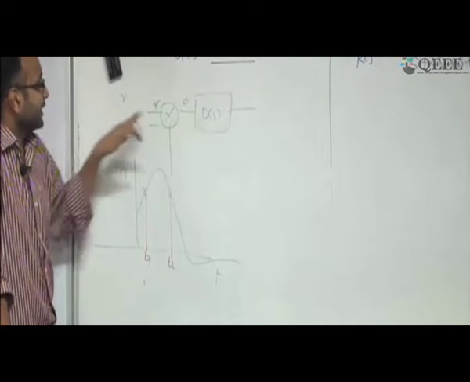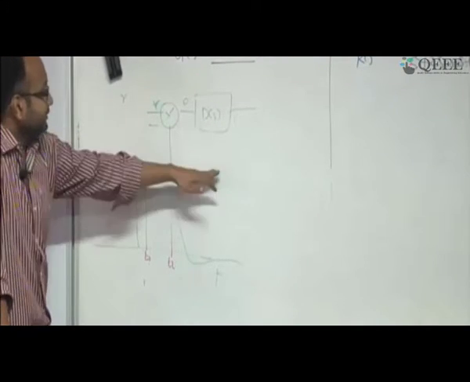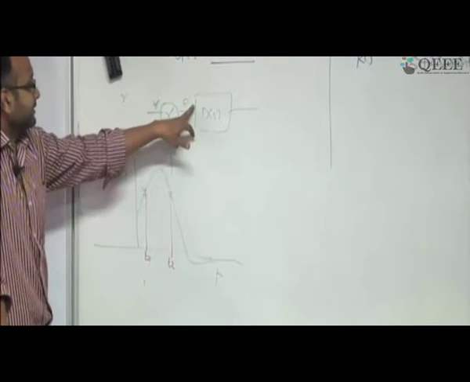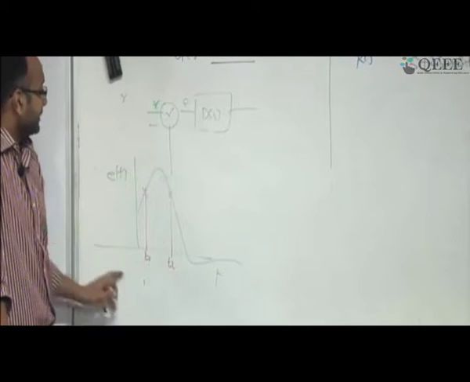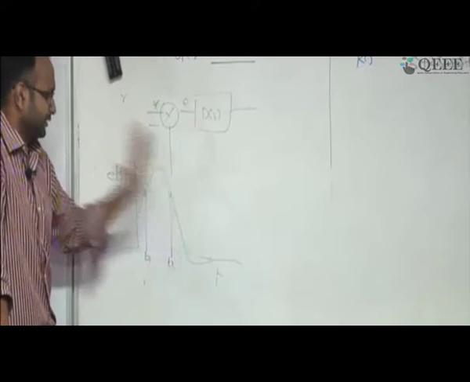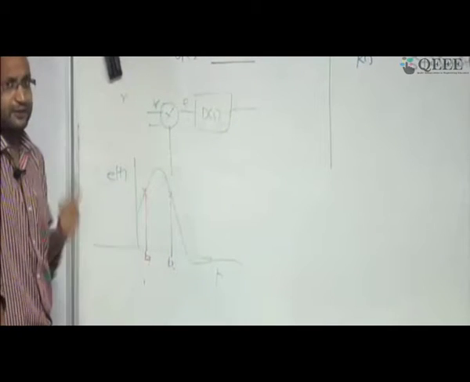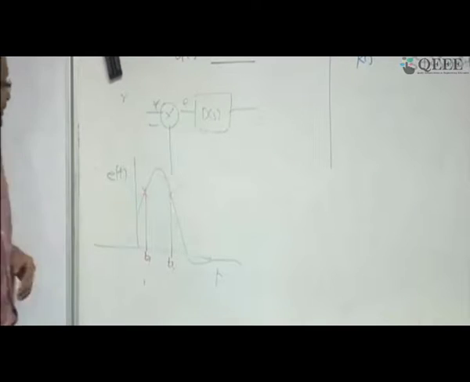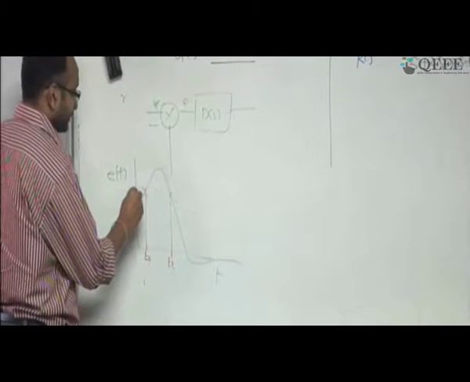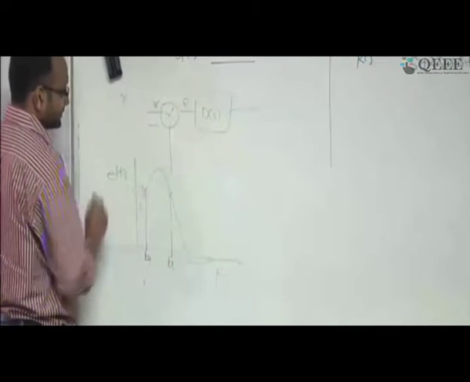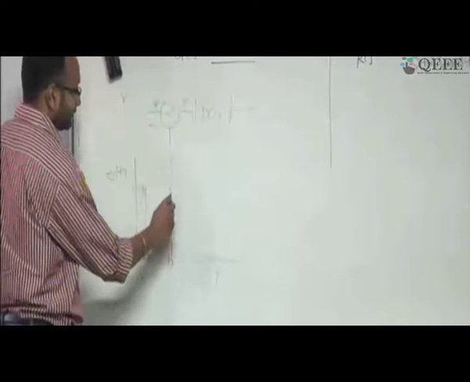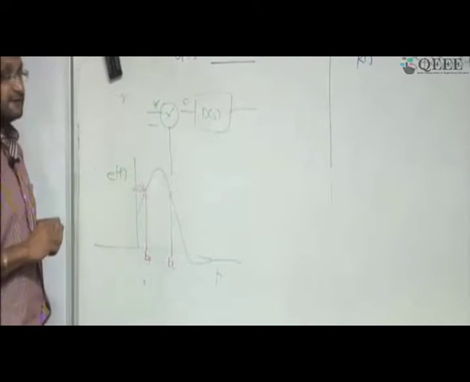For that, what I have done, this is my reference signal, this is my feedback path signal, there is an error term, and I am plotting the way error is behaving, and this is a typical behavior. It could be anything, but I am just taking it to illustrate the point. Okay. So if you look at this error at a particular time t1, the error is this, and if I take a particular time t2, at both times the error is the same.